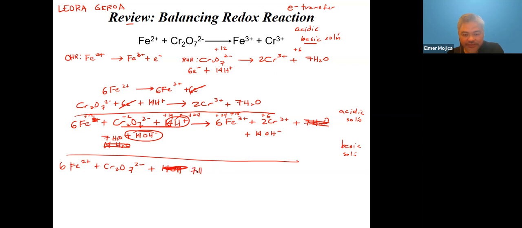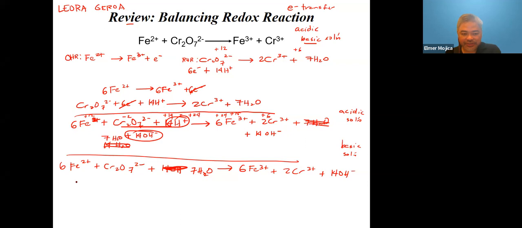It's 7 H2O. And then on the other side, you have 6 Fe3 plus, 2 Cr3 plus, and then there's where you have your 14 OH minus. And then you look at the number of elements on both sides, 6 Fe, 6 Fe, 2 chromium, 2 chromium. Oxygen is 7 here, plus 7 here, so that's 14, which is also 14 here. And then hydrogen is 14, and hydrogen 7 times 2 is 14.